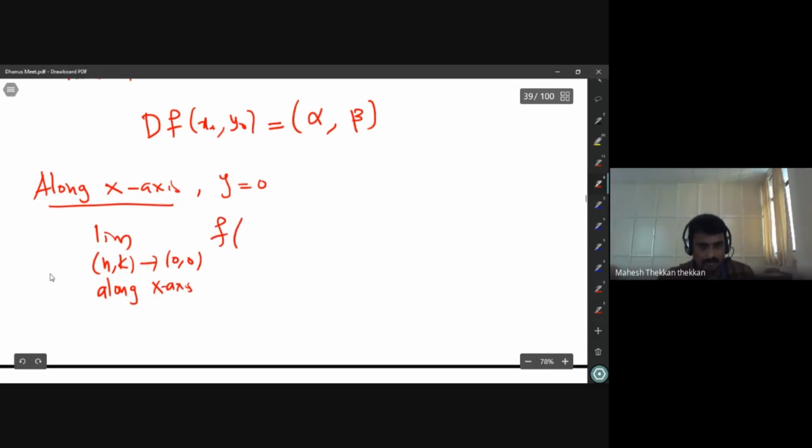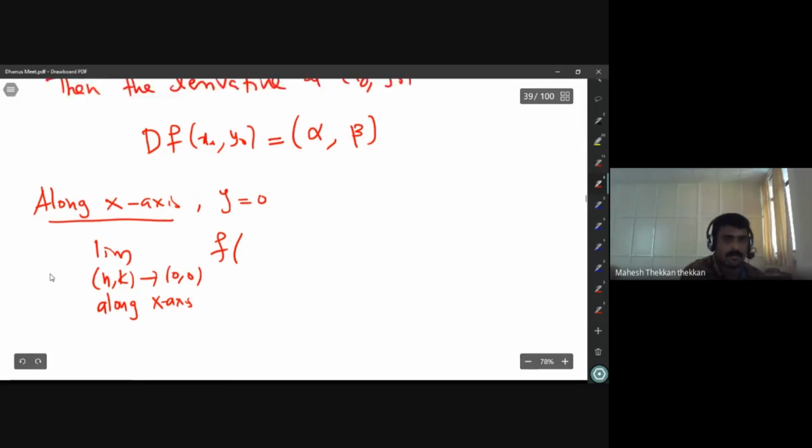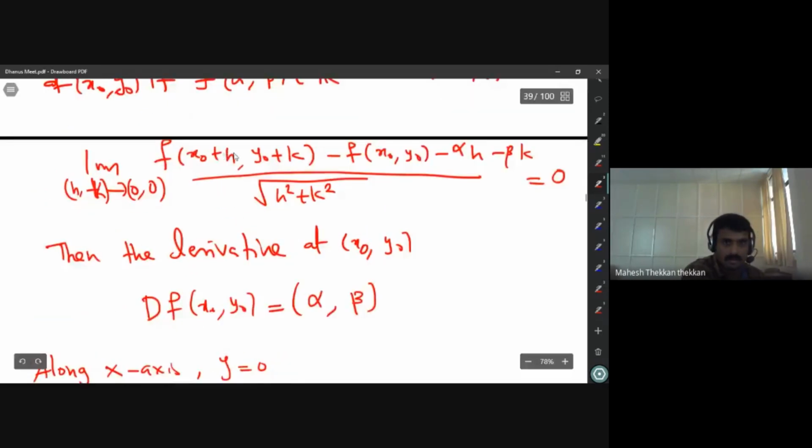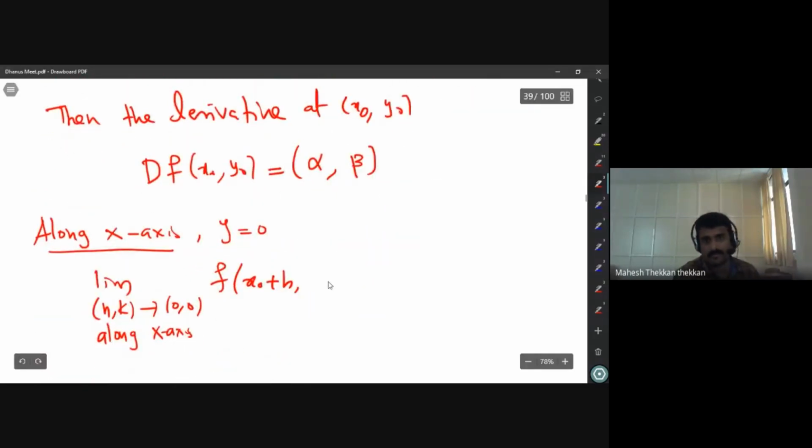f of x naught plus h will be there, correct? x naught plus h, y naught plus k, where k is 0, right? So it is y naught. Because I am looking along the x-axis, and this one is f of x naught, y naught.